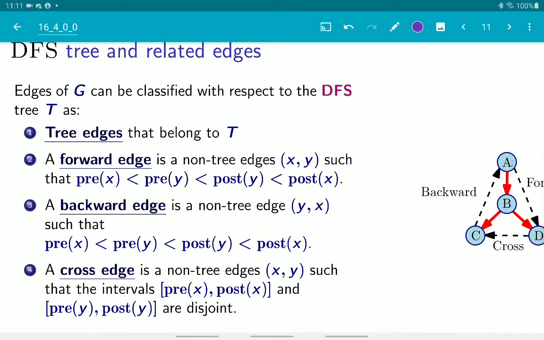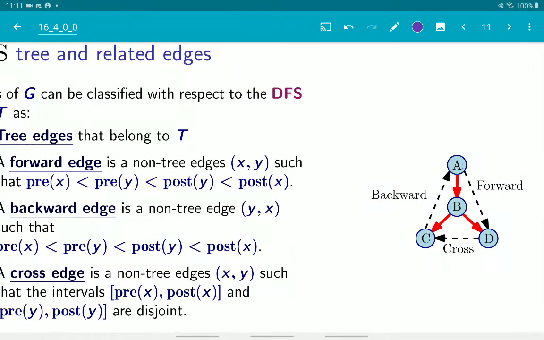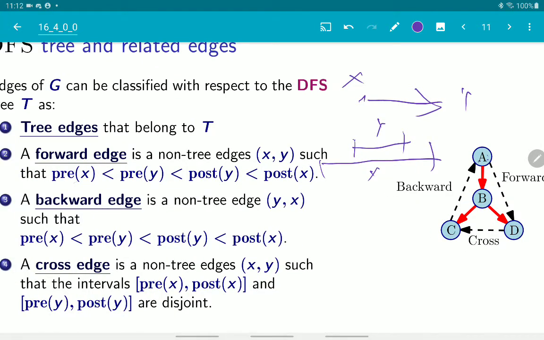A forward edge is just an edge from x going to y where the time interval for y is contained inside the time interval for x. A backward edge is an edge which is not in the tree, where again the time interval of y is contained inside the time interval of x.